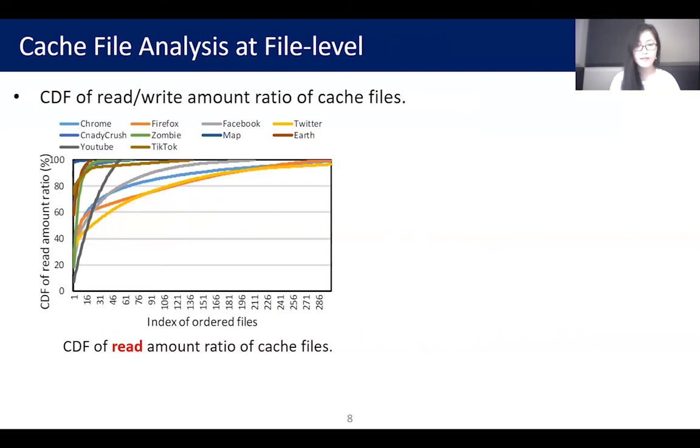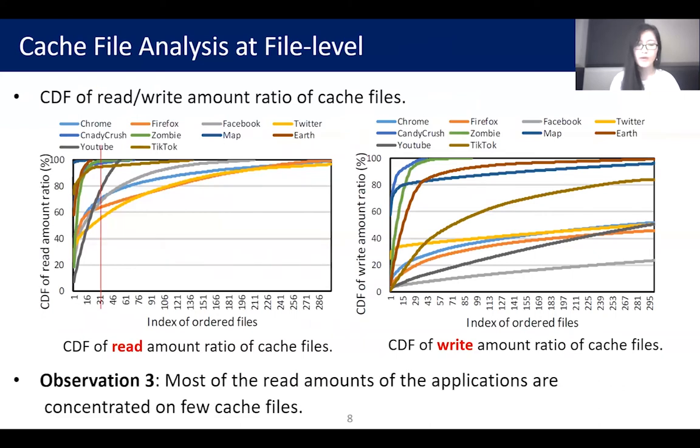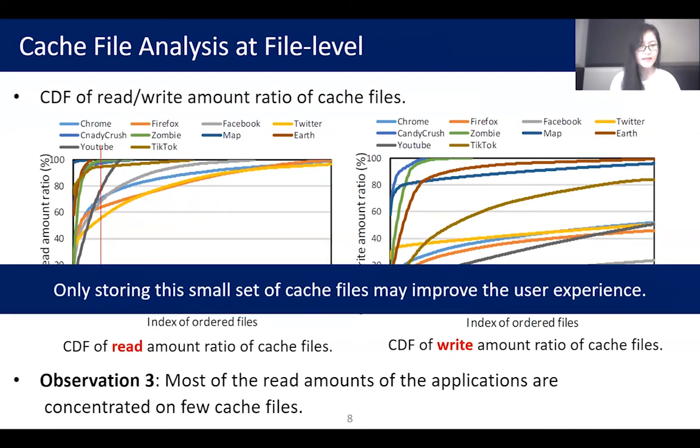Different colors are different applications. And this is the write amount. We can see that compared to write, most of the read amounts of applications are concentrated on a few cache files. Thus, storing only this small set of cache files may improve user experience.